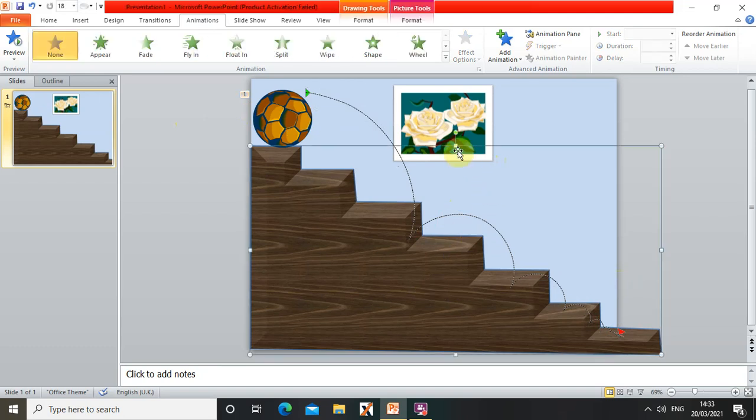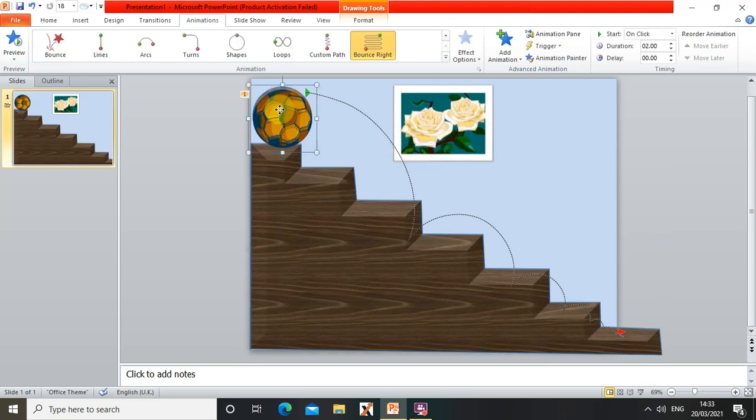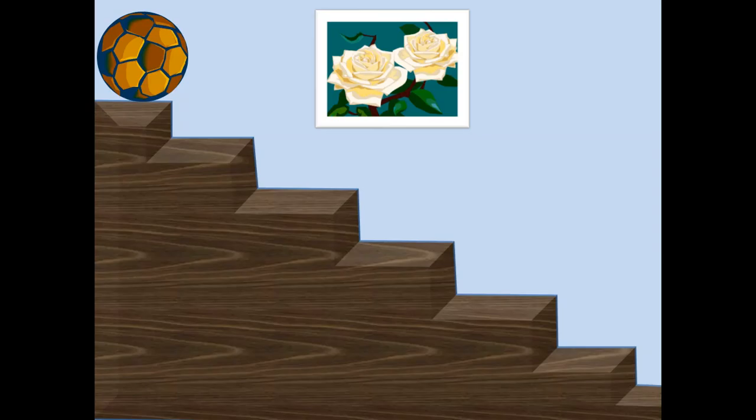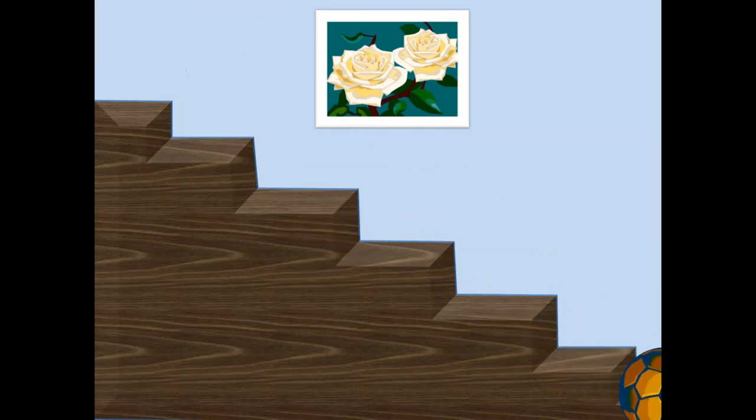Or maybe we should just... Yep, so now it might look good, better. So let's try it. So you just press the space bar. See? And now it looks better.